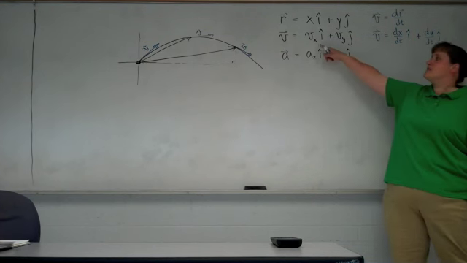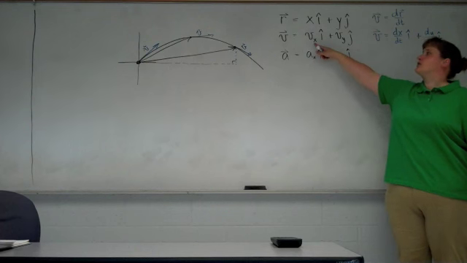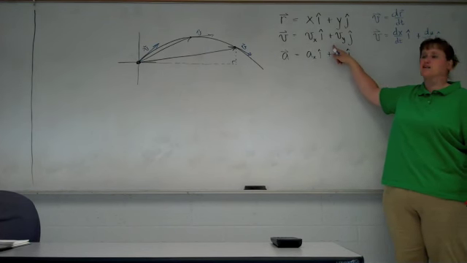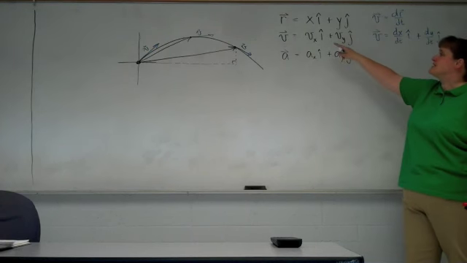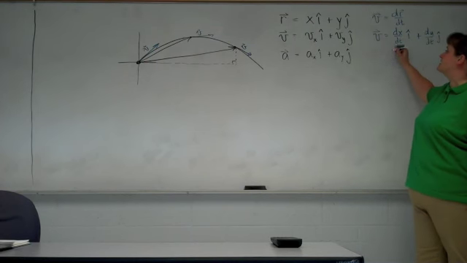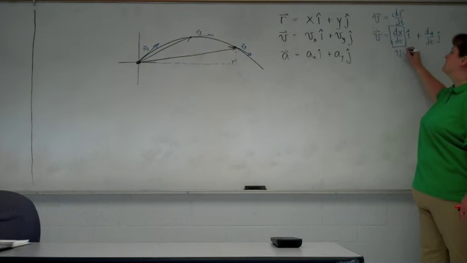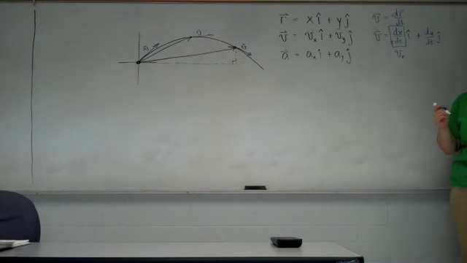What this means, we already said that the velocity vector would be some x component i hat plus some y component j hat. What that means is the x component of the velocity is dx/dt.